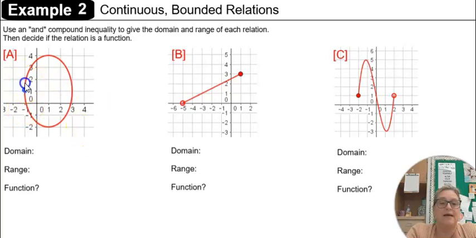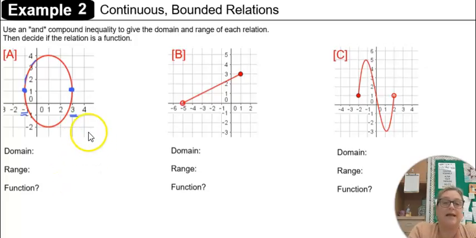And then these x values are continuous, right? There's no breaks, holes, or gaps in this curve of the ellipse all the way over to its highest possible x value, which is at 3. So the x values, the domain, those are continuous, all the possible numbers from -1 to +3.